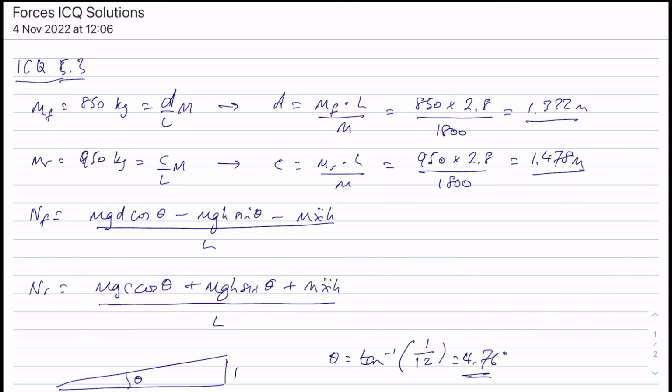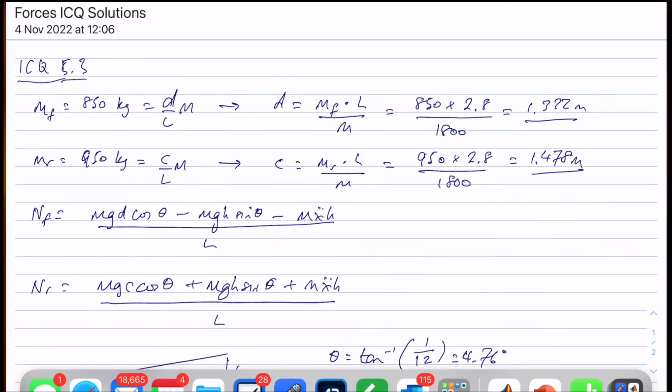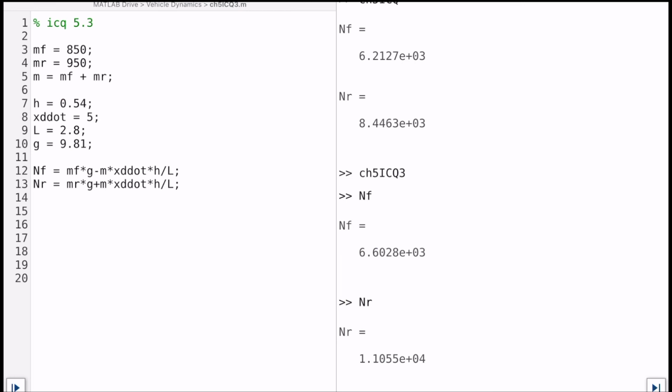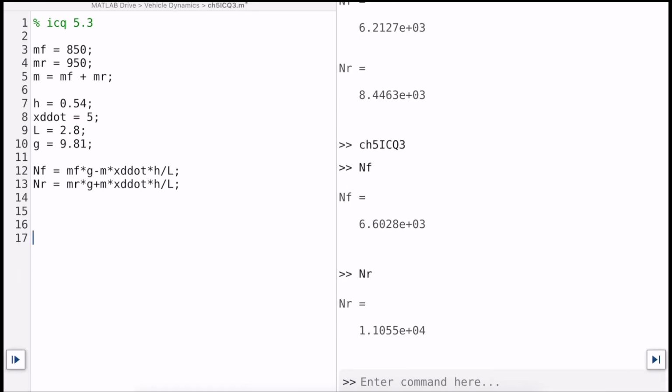Let's go to MATLAB. So let's do that. We'll get theta first. So we'll say theta is the inverse tangent in degrees of 1 divided by 12.